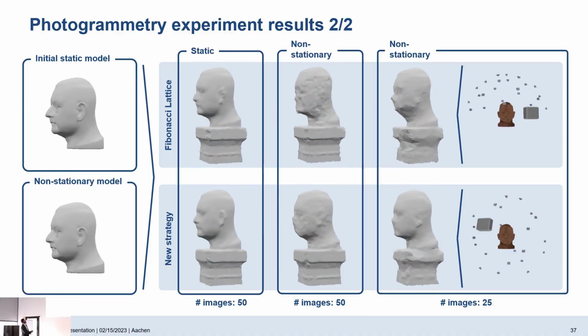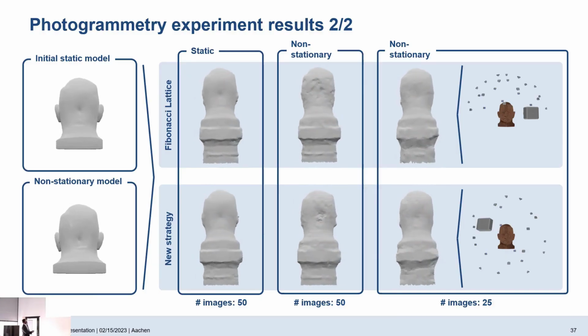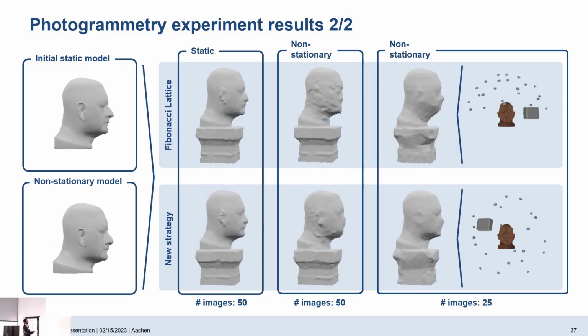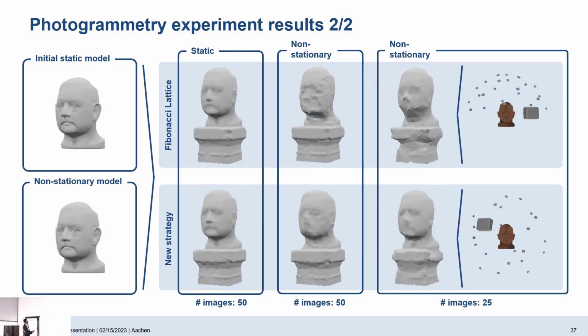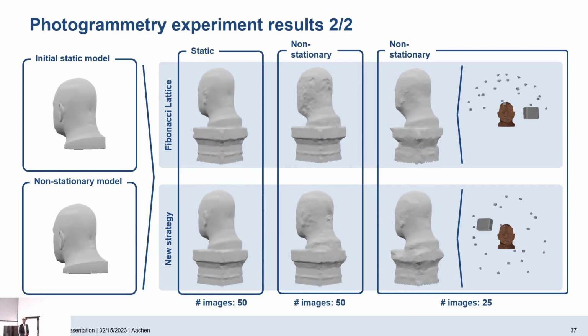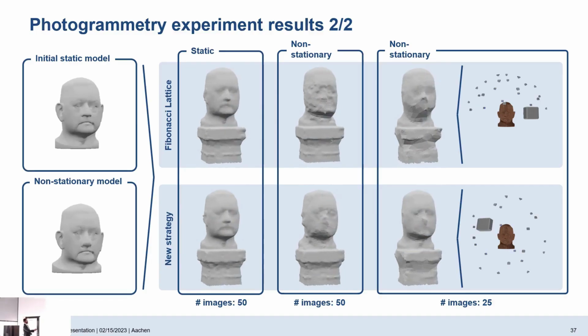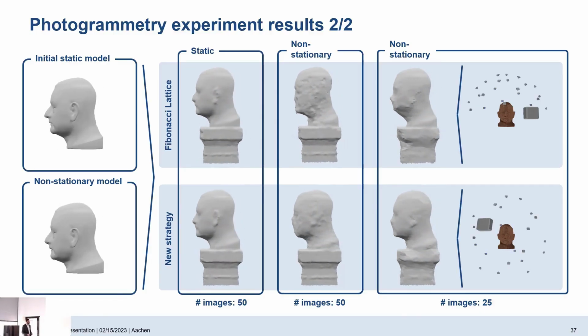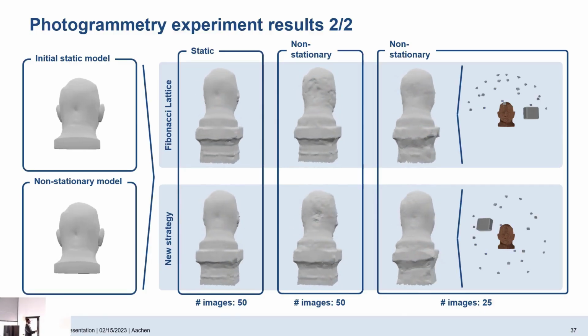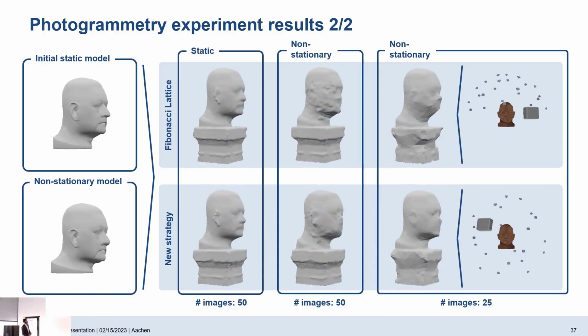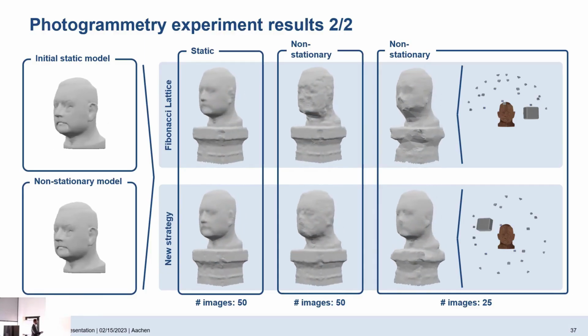And for the upper one, we see that the upper region is okay, but at the lower region, we cannot do a reconstruction at all. And that is no surprise, because we have only pictures in the upper part of the sphere. However, that's not the case for the lower reconstruction, because there we also have an even distribution.